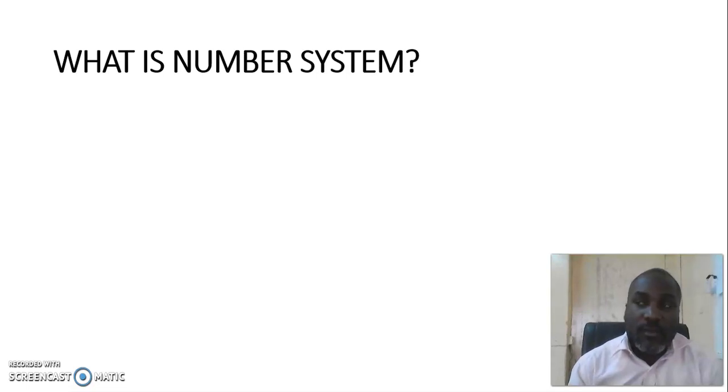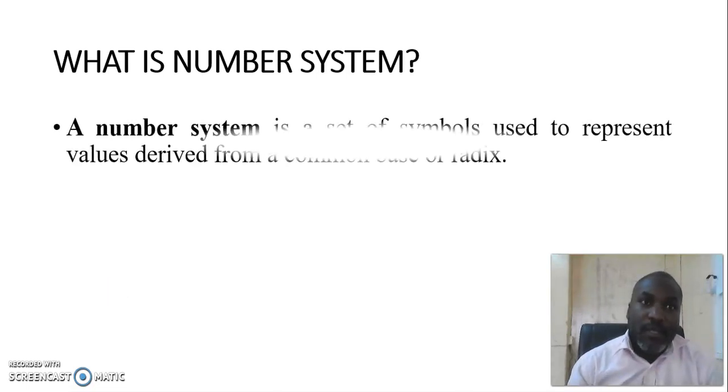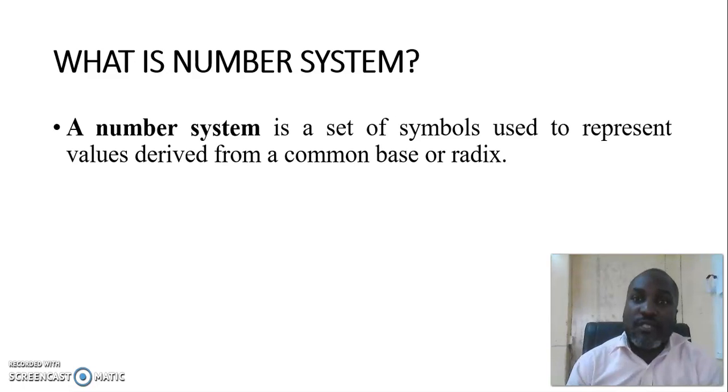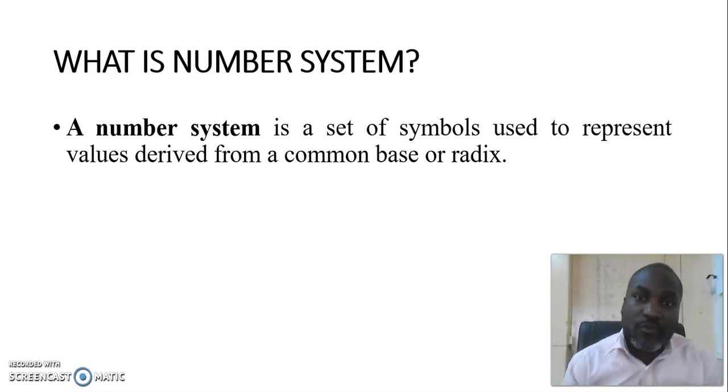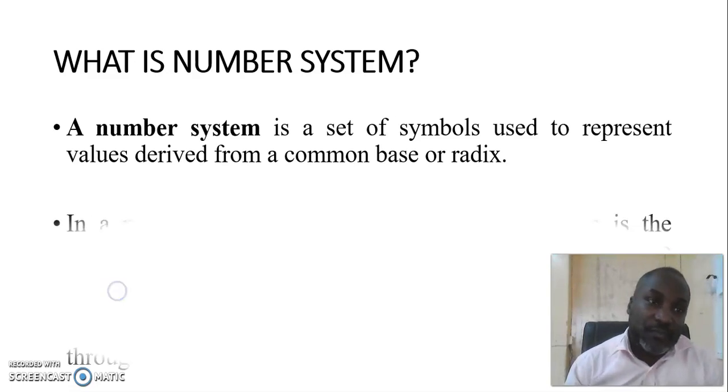Now, what is a number system? A number system is a set of symbols used to represent values derived from a common base or a radix. For you to get a sense from this definition, you need to also understand what the base or radix is.